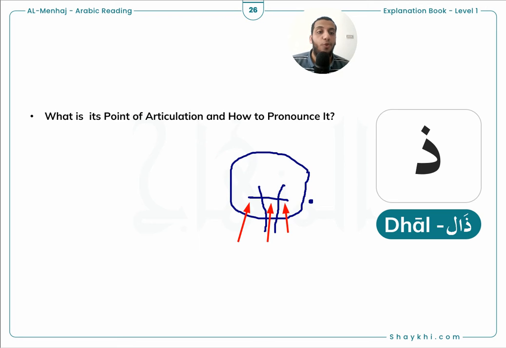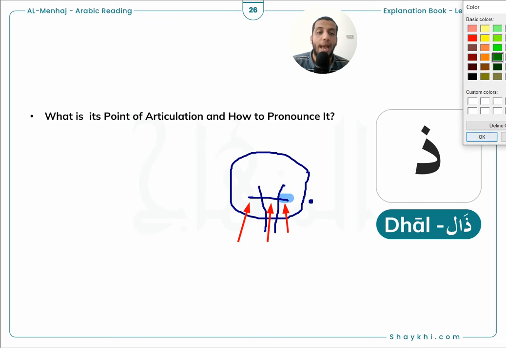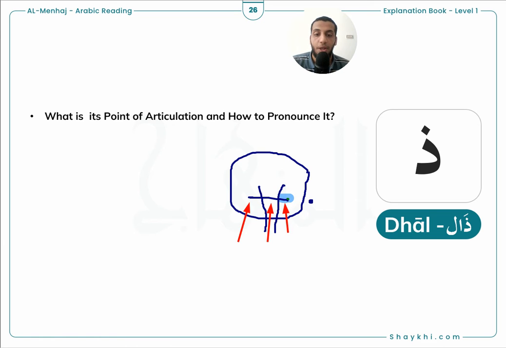From which part? You see this part, which is the top part of the tongue. From the top part we have the tip of the tongue, which is the first part of the top of the tongue.